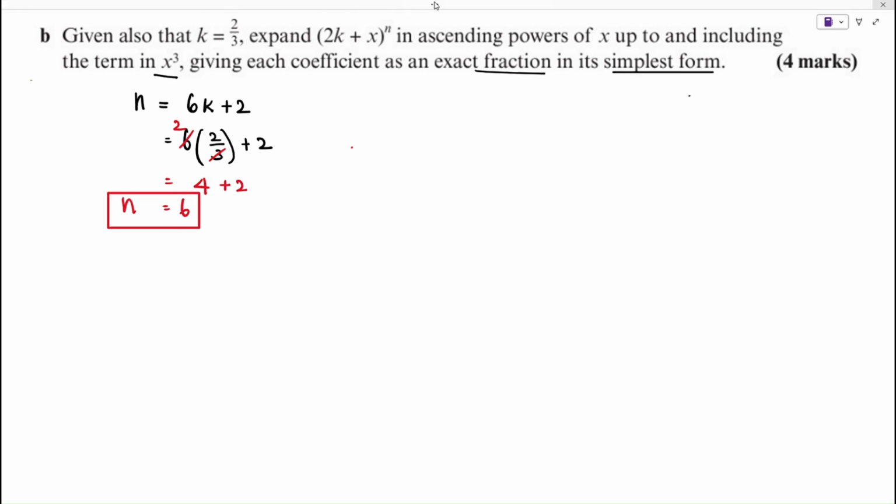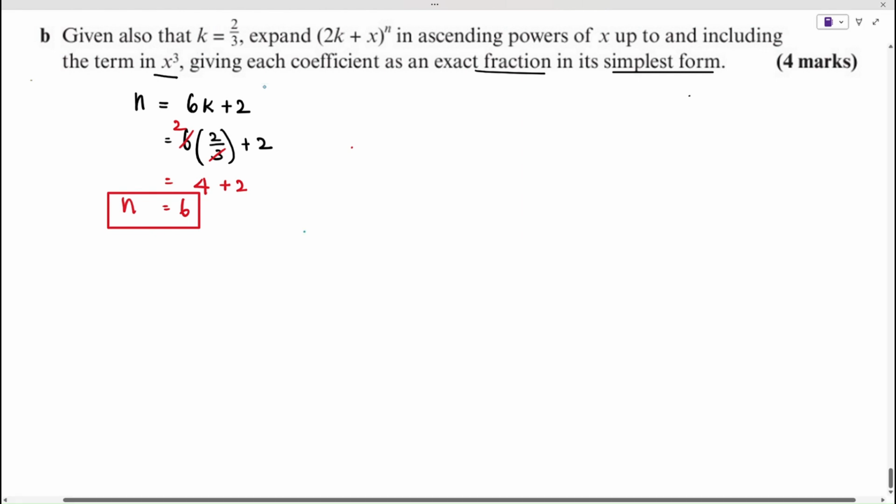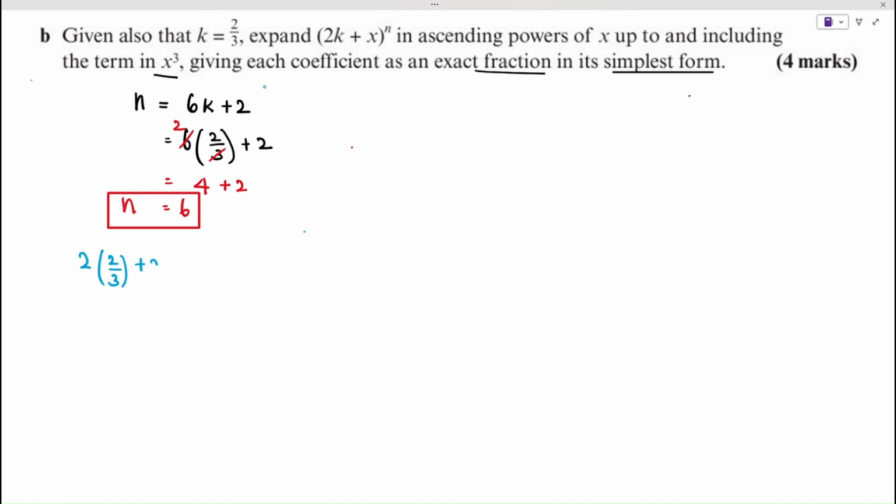And our expansion, so we have 2k plus x to the power of n. We can substitute our values in, so we get 2 times 2 over 3 plus x to the power of 6. So this is equal to 4 over 3 plus x all to the power of 6.